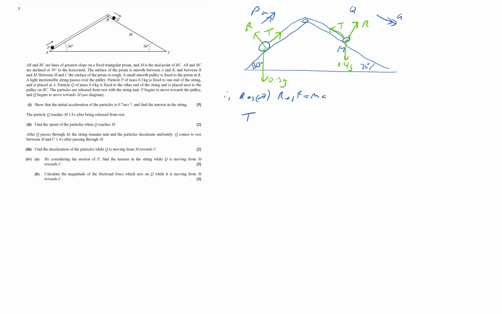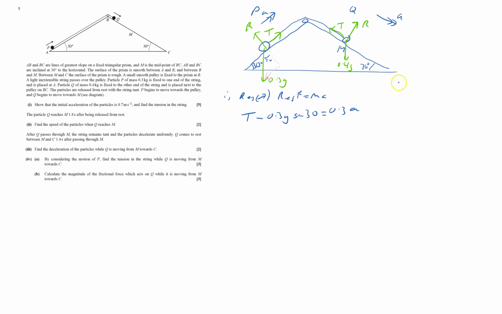I've got T, but I've also got the component of the weight down the slope, and that's 30 degrees there, so that's T minus 0.3 g sine 30 equals the mass, which is 0.3, times the acceleration.